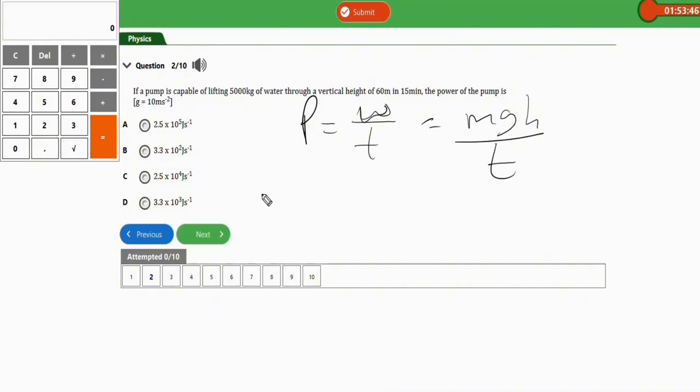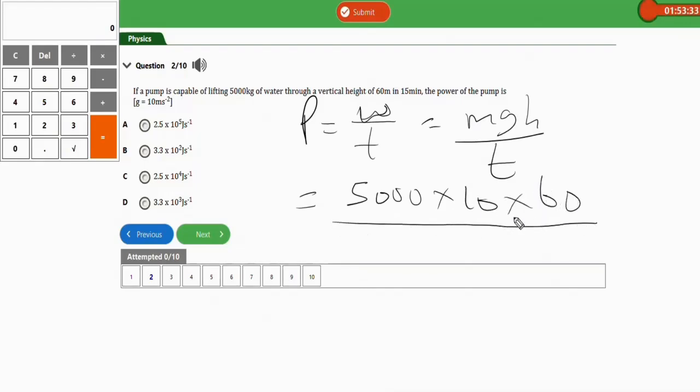Now in this question, when you plug in the values, the mass is 5,000 times acceleration due to gravity, 10, times our height, 60 meters, over time. Convert 15 minutes to seconds, which gives you 15 times 60. So this will cancel this.